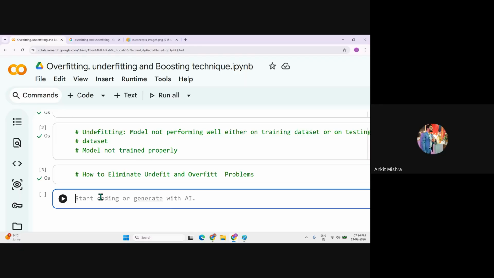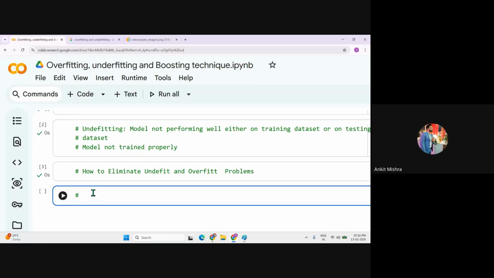We have a technique called the regularization method. We will regularize our model so that it performs well on the training part as well as the testing part, and that is called the balanced fit. We can use the L1 technique and the L2 technique.